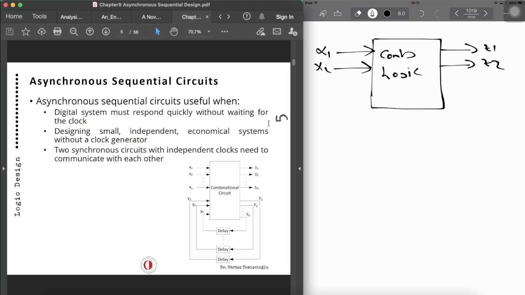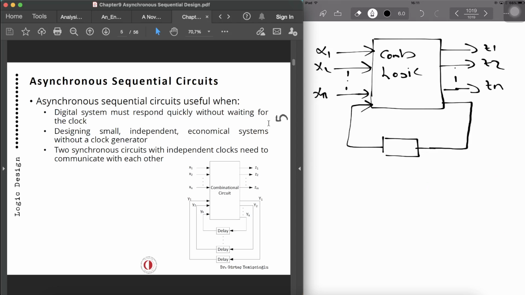Now, the difference between combinational logic and this asynchronous sequential logic is that we can have a number of outputs, up to zn, and n number of inputs. So that fits in. The feedback. We can have the feedback and we can have some delay element.